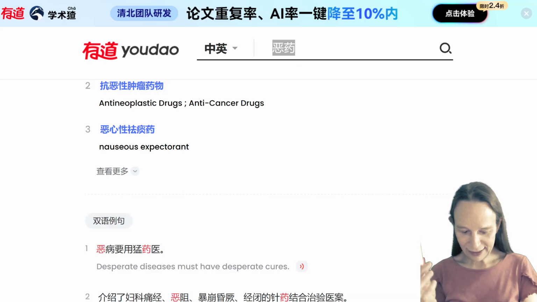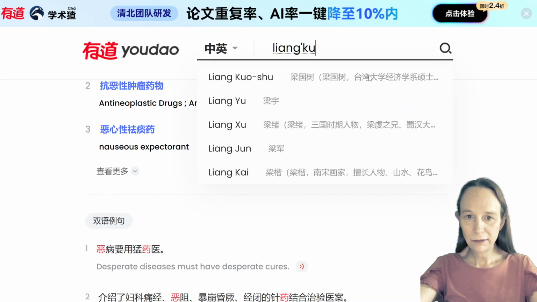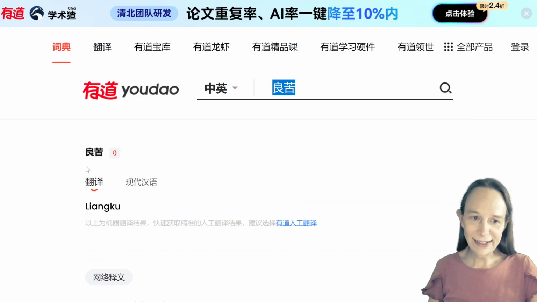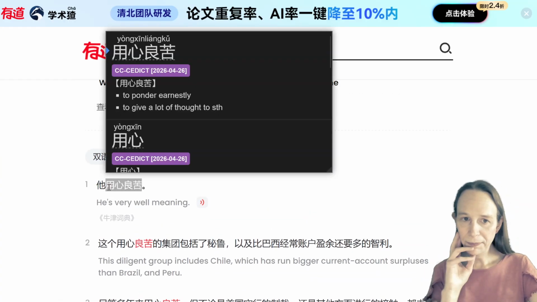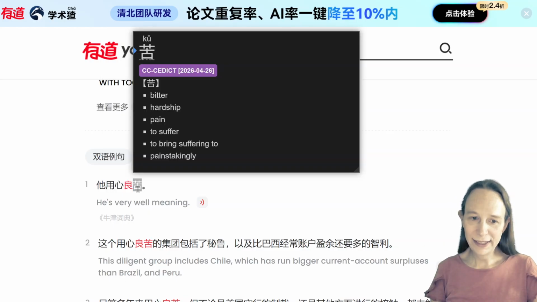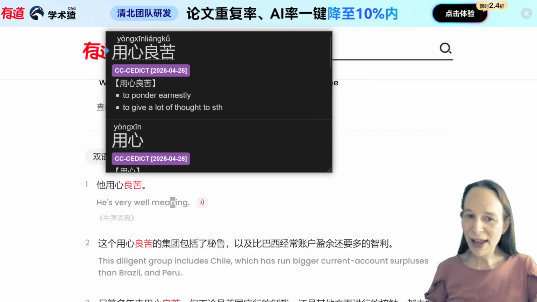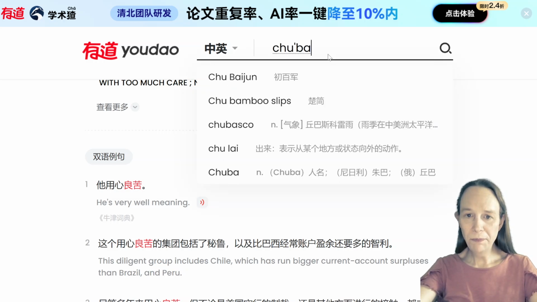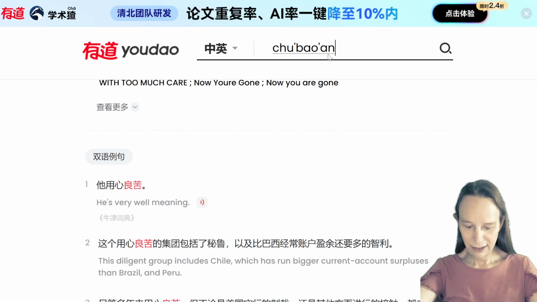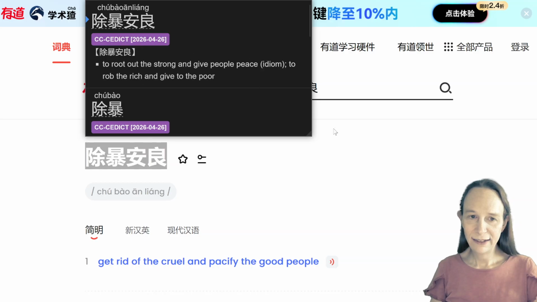Number 2 is 非常, 很. 良久, 良苦. 他用心良苦. This 苦 is like suffering or painstaking, maybe. So he's thinking about it painstakingly. And 善良的人, 福报安良.